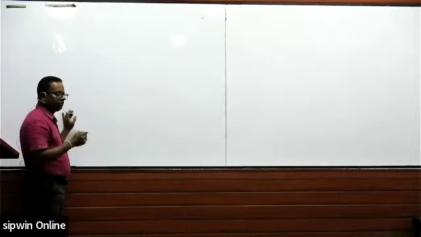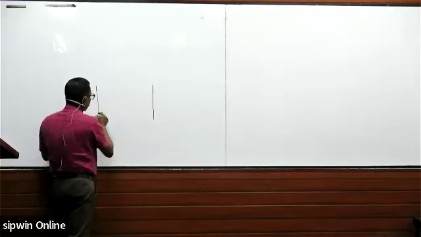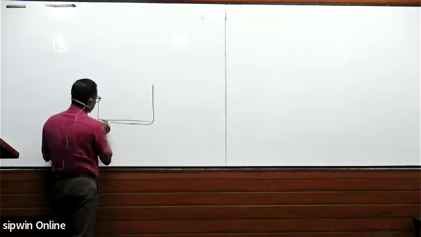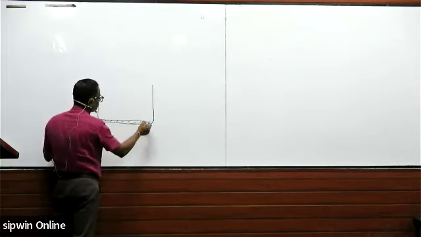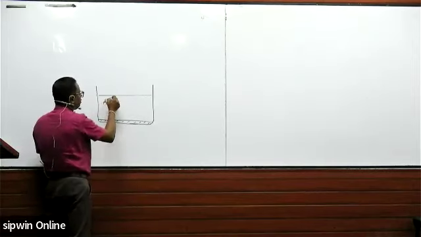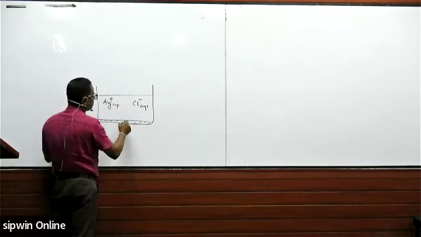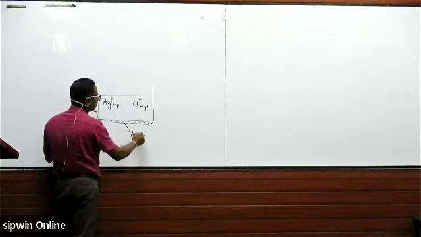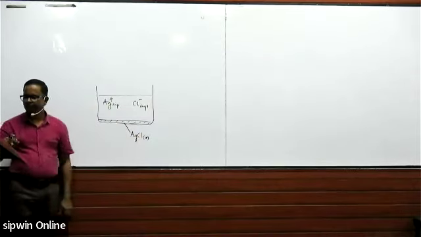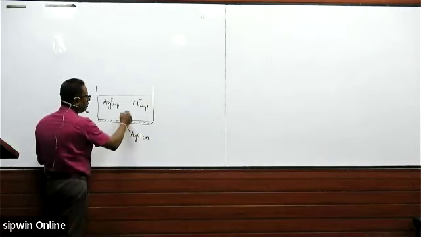Saturated silver chloride solution. Draw this one, left side. In front of that, you can write the note. Saturated silver chloride solution: Ag+ aqueous, Cl- aqueous, silver chloride solid. Then here an equilibrium like this way.